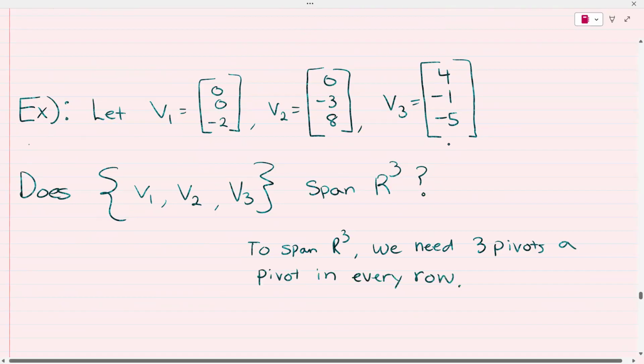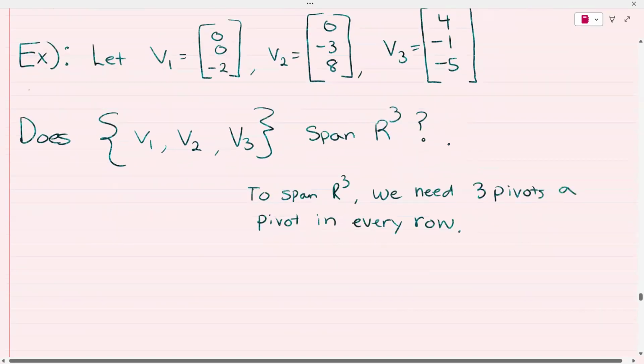Okay, so first we got to do our augmented matrix. So we're going to do Ax equals b.